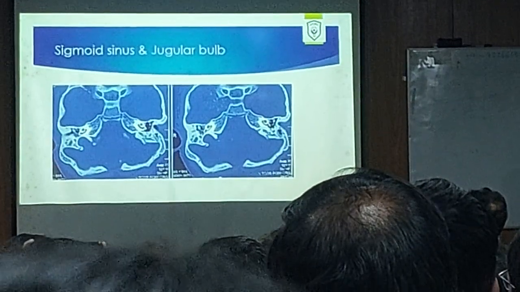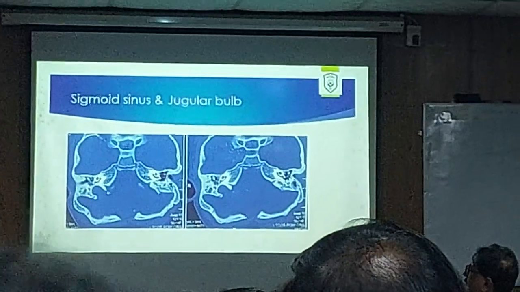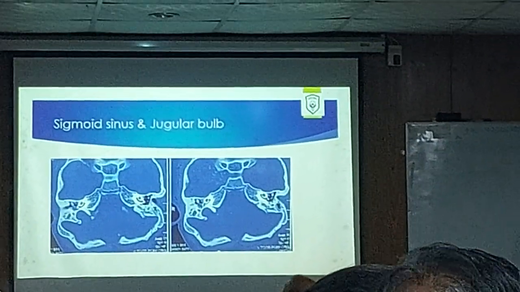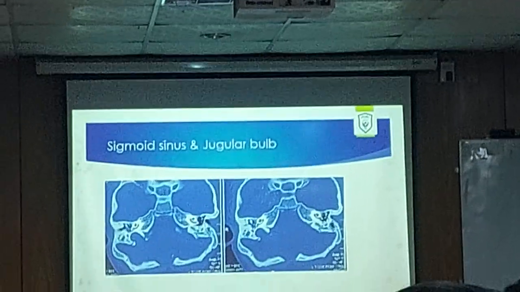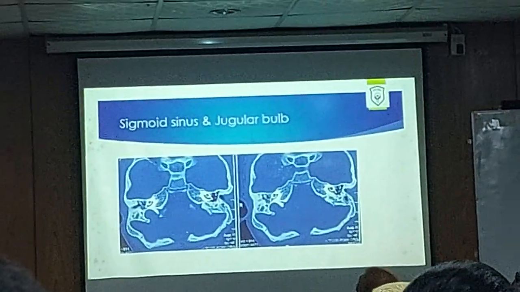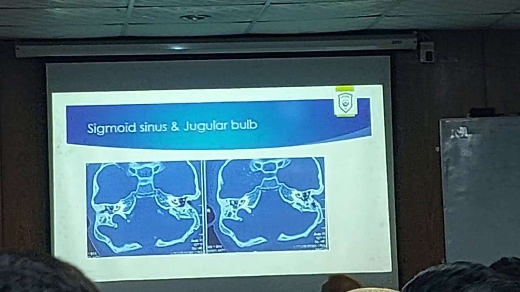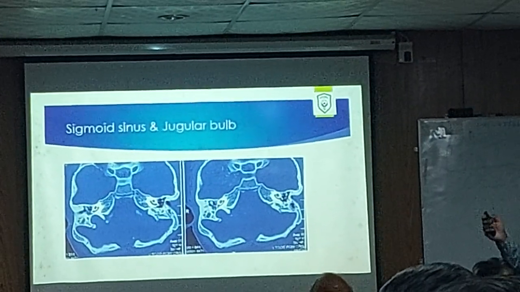So another thing is the sigmoid sinus and jugular bulb position. In many cases, we find the sigmoid sinus anteriorly placed or the jugular bulb high, but we have to assess whether it is anteriorly placed or it is higher.